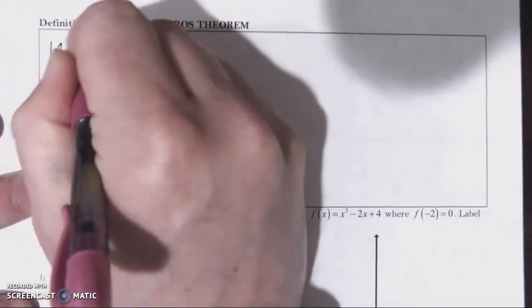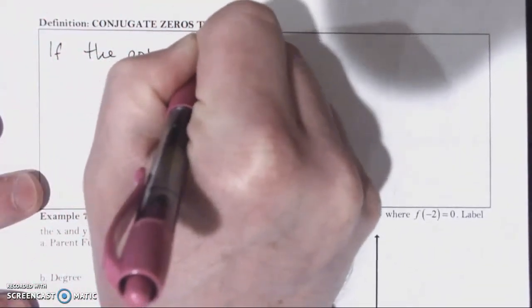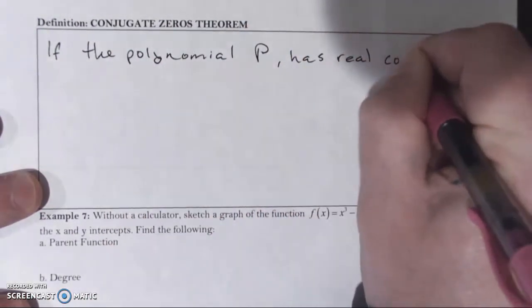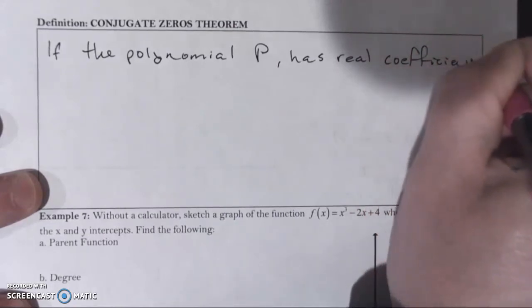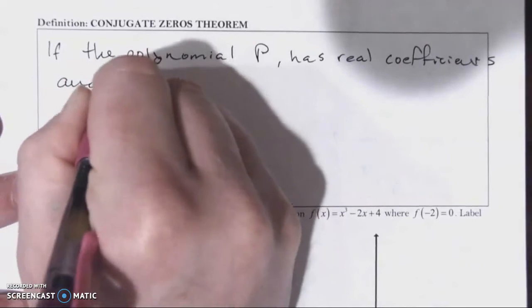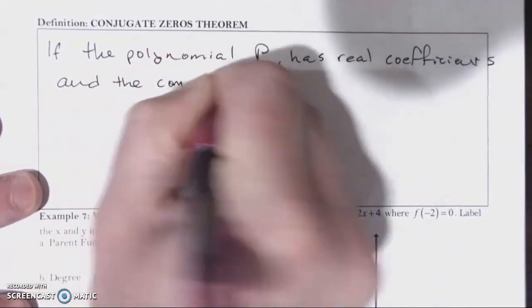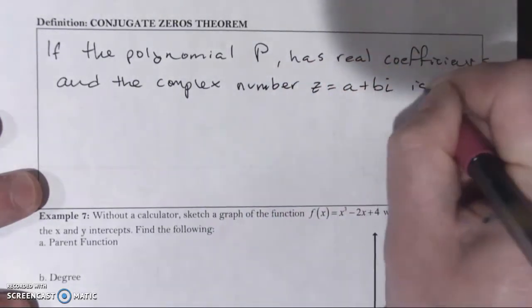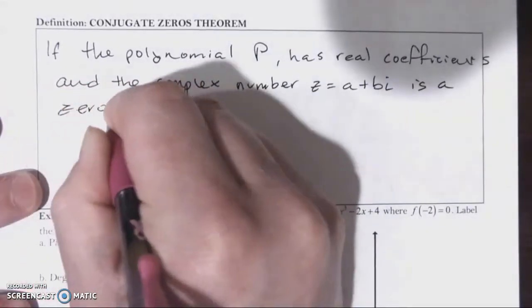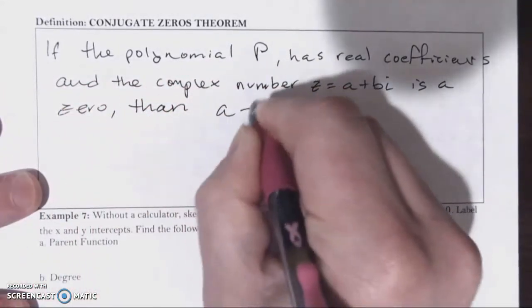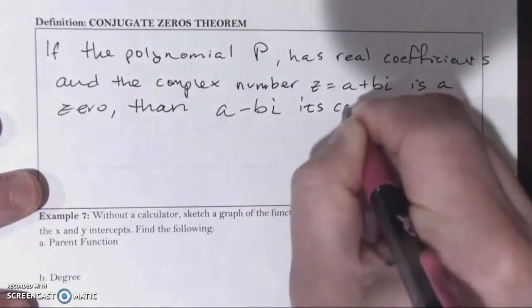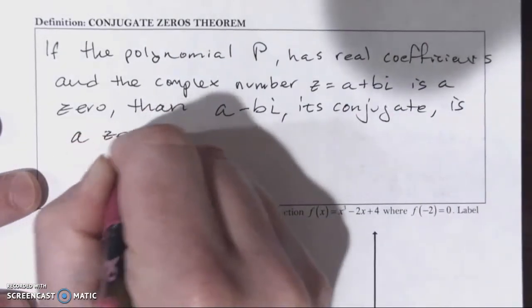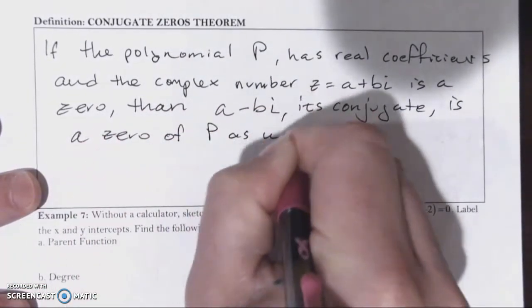It says if the polynomial P has real coefficients and the complex number z equals a plus bi is a 0, then a minus bi, its conjugate, is a 0 of P as well.